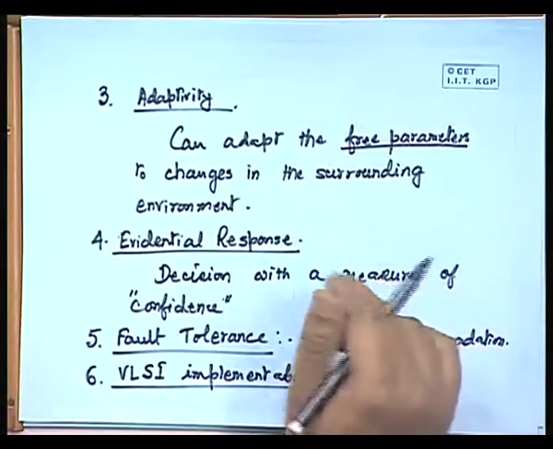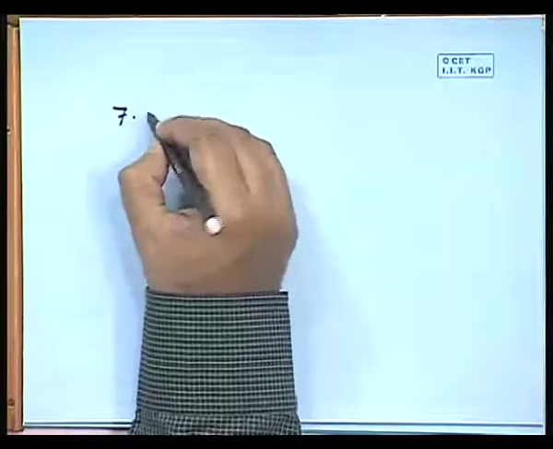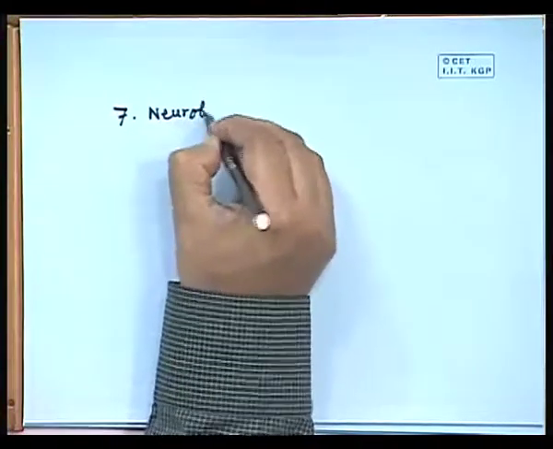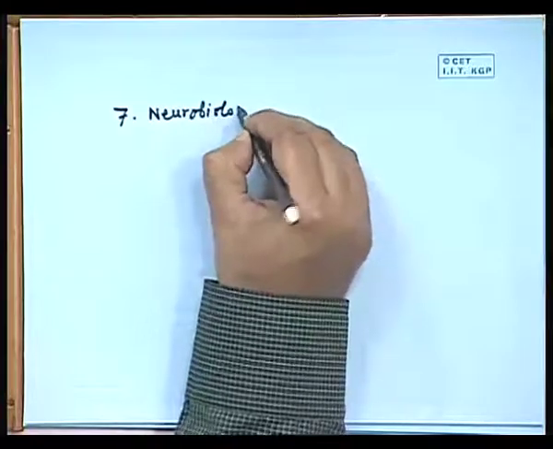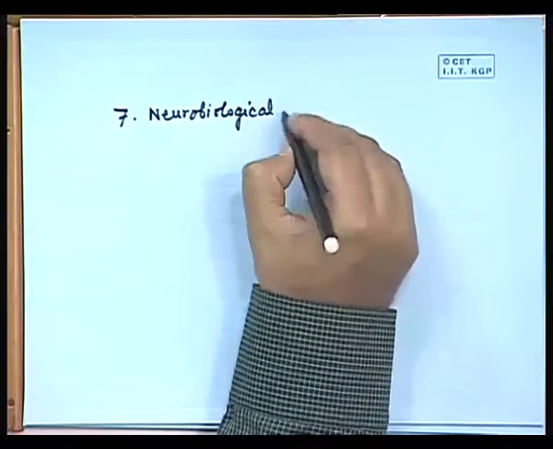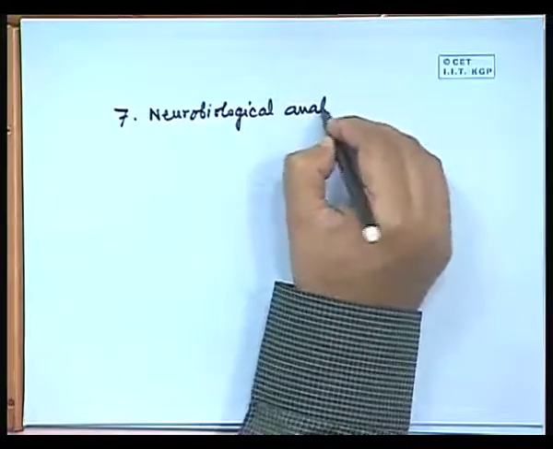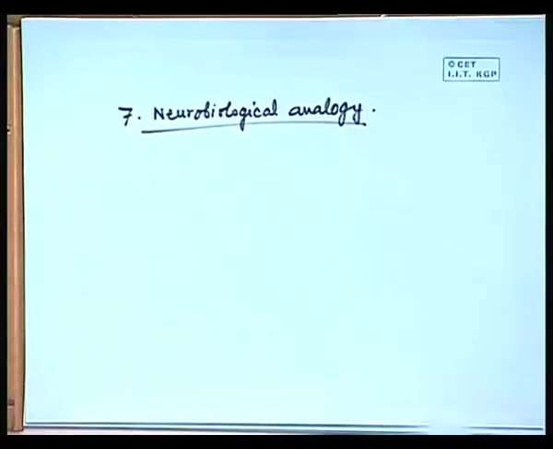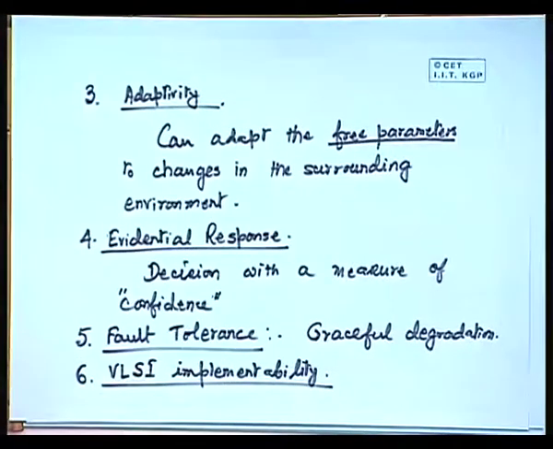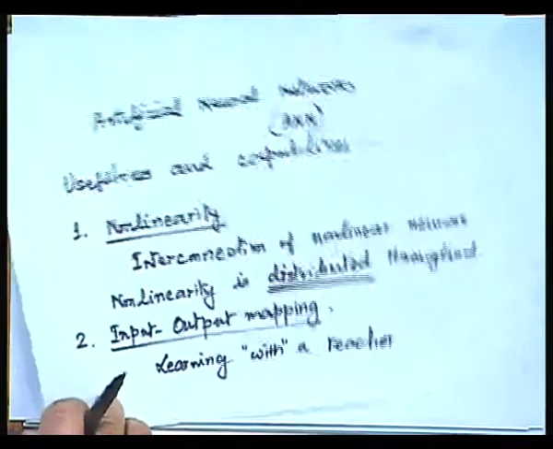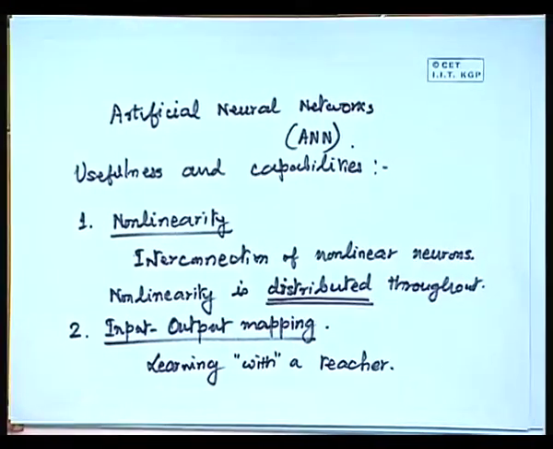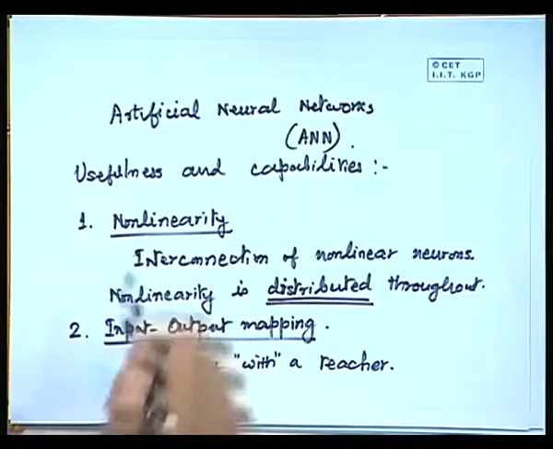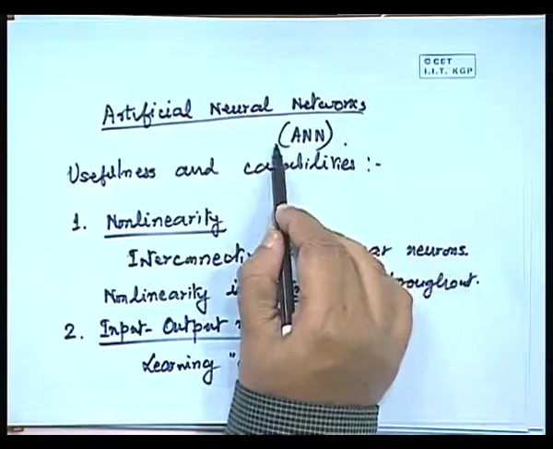And then, coming to the basic motivation of artificial neurons, another point that we should mention is its neurobiological analogy. Everything, as I was telling you, was motivated by the biological neural network system. So, these 7 points are basically dealing with the properties of neurons, but all these properties could be imparted to artificial neurons as well.